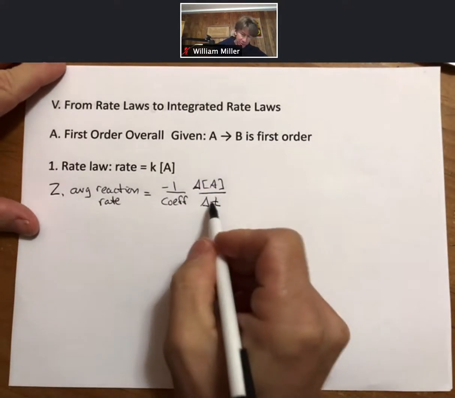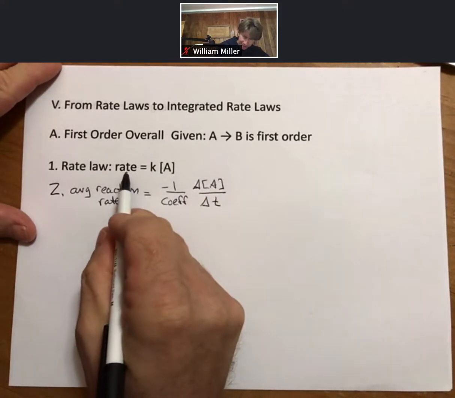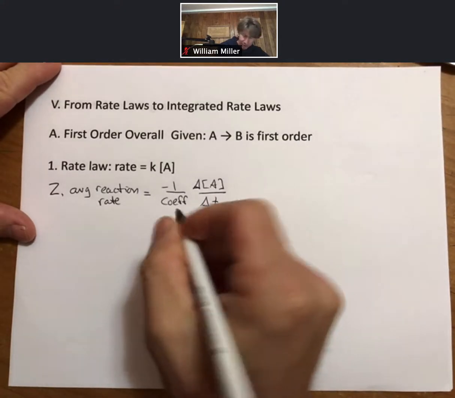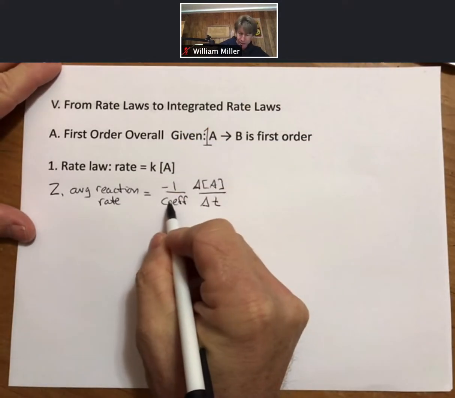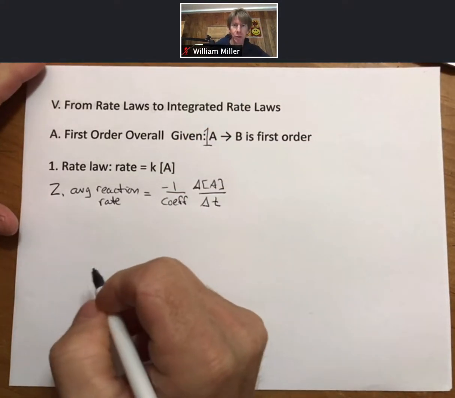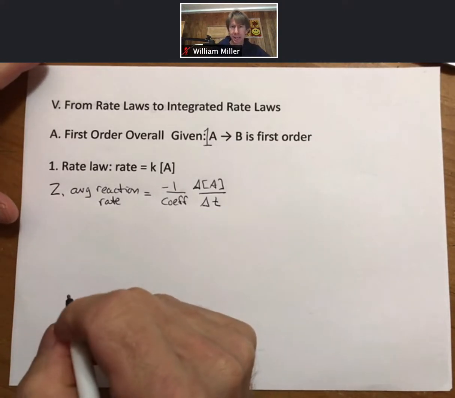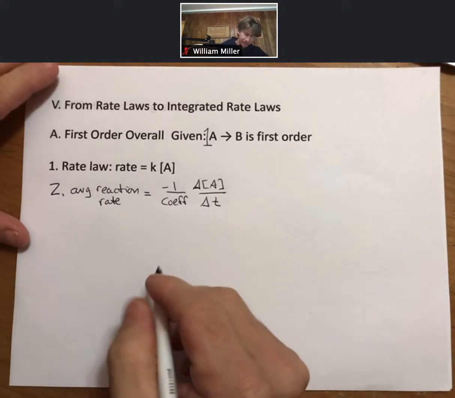And what we're going to do is put these together, because this is the rate. One other thing we'll add is that the coefficient here is 1, so the coefficient part will go away. If you have any questions about what to do with a non-1 coefficient, always happy to answer that, but it won't be an issue for us.